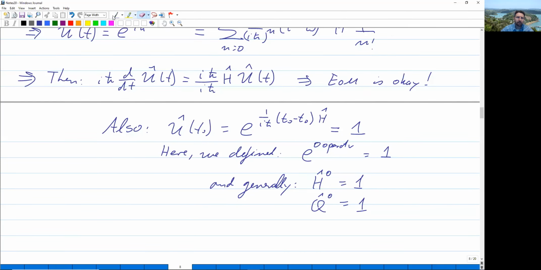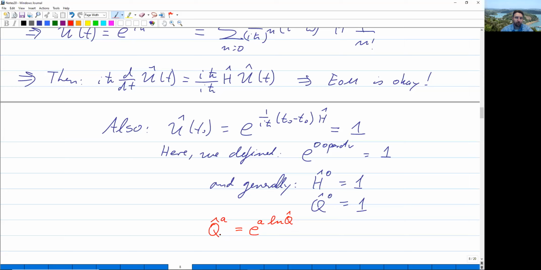At this point, you might wonder, what does this have to do with that? Well, remember, what do we mean by Q hat to the power of some number? Let's say Q hat to the power of a. What is this? Well, remember, we always define something to the power of something else as e to the power of a, and then the logarithm, in this case, of Q hat.